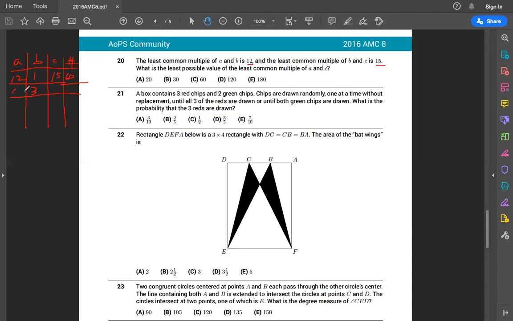And then we could have A be 4 and C be 5. And that would give us a least common multiple of 4 times 5, which is 20. There isn't really like a good way to do this. You just kind of have to do some trial and error and have some instinct on what number would be best for B.